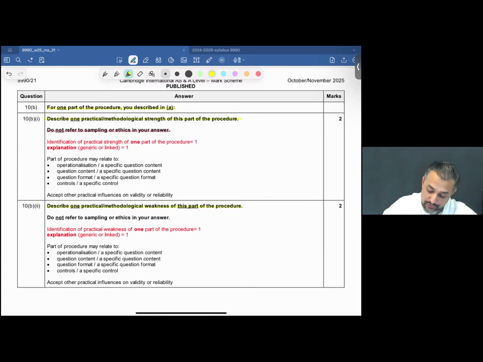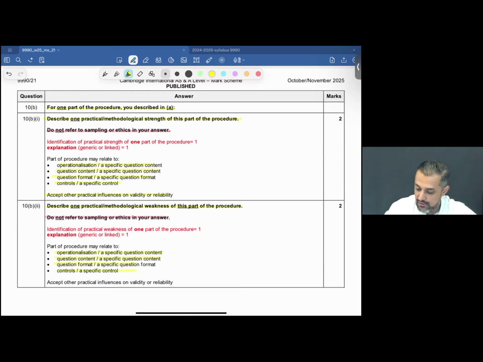Do not refer to sampling or ethics. So a practical or methodological strength is what is asked for, and a practical or methodological weakness is what is asked. A practical or methodological strength over here could be this. You could use any of these, or any besides and beyond this as well. And so is the case with this.